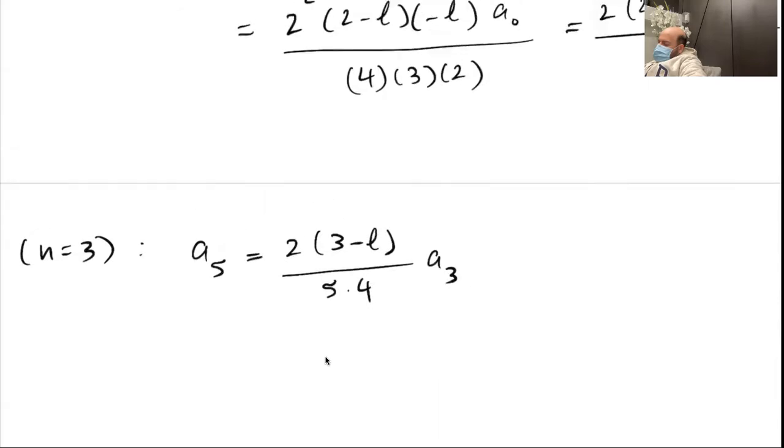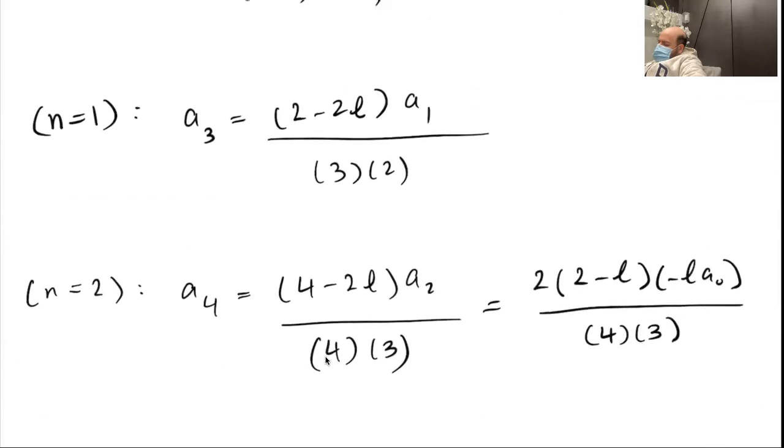We have it here: it's (2 minus 2l) a1 divided by 3 times 2, and 2 minus 2l can be written as 2 times (1 minus l).